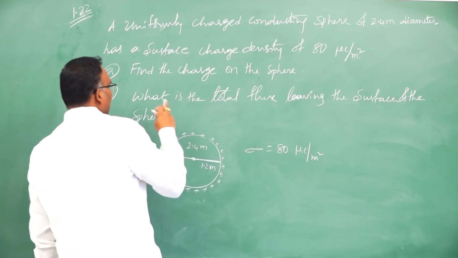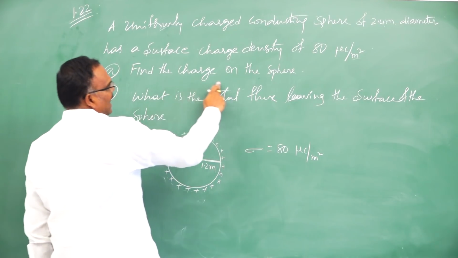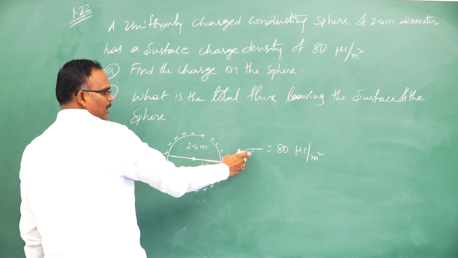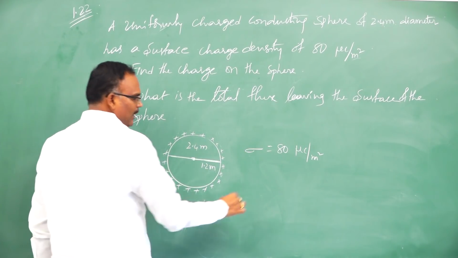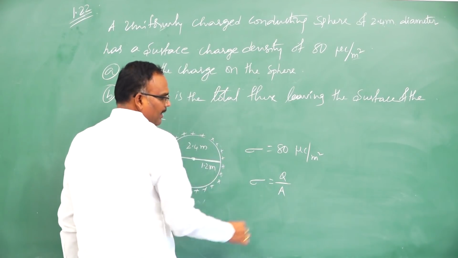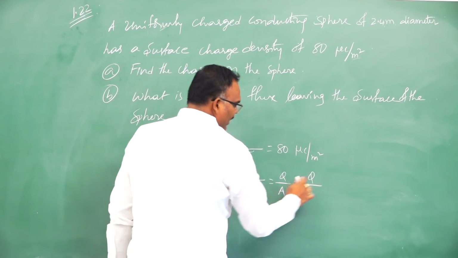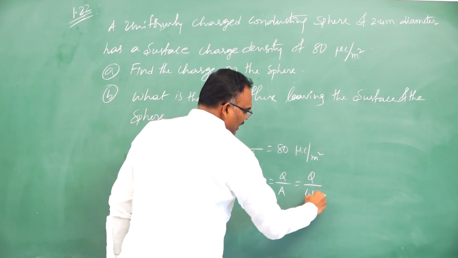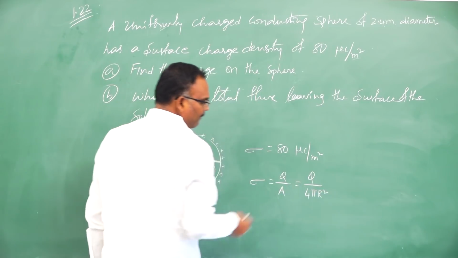See, first I need to find the charge on the sphere. Charge on the sphere can be calculated by using this charge density expression. Charge density is equal to Q by A, where A is the surface area of the sphere. Surface area of the sphere is 4 pi capital R square.